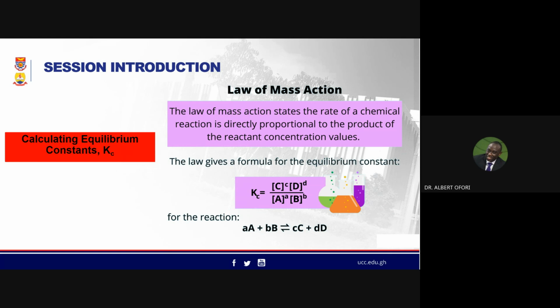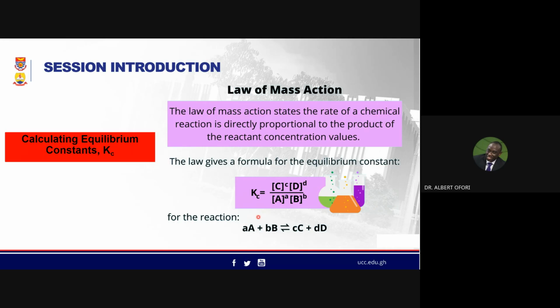In other words, the law explains what is going on in that dynamic situation. That's how dynamic equilibrium can be achieved. It helps us explain that there are activities going on in that system, and activity is proportional to concentration. So if there is not much activity going on and it's almost a unit, then the concentration is also like a unit.